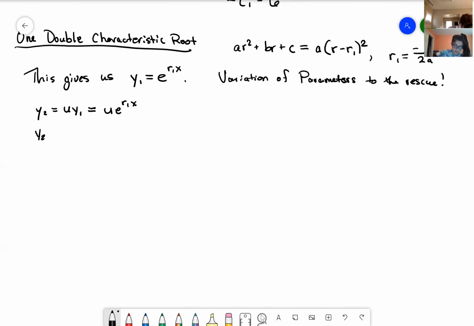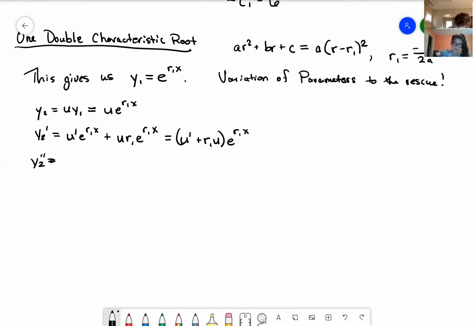That's u prime e to the r1 x plus u times r1 e to the r1 x by the product rule. And so we get (u prime plus r1 u). I'll write the r1 in front because it's a constant, e to the r1 x. And then it will be easy to compute y double prime from that product.